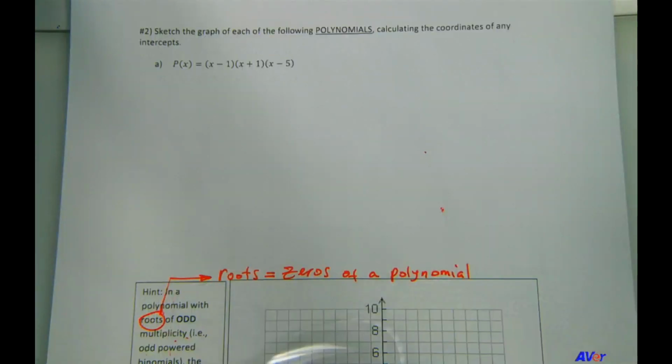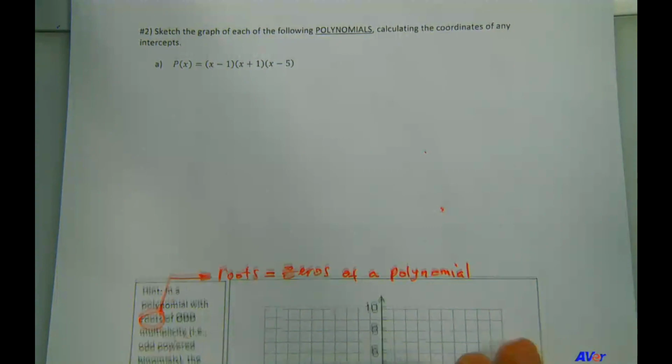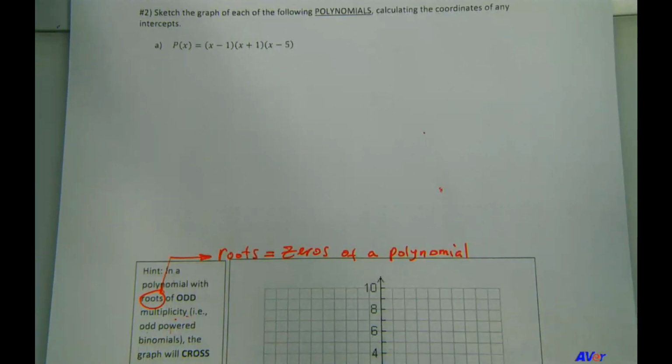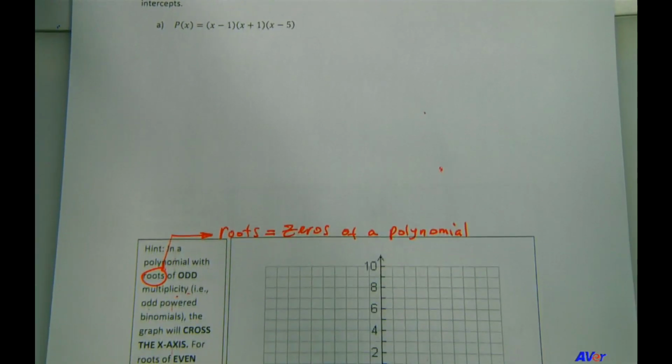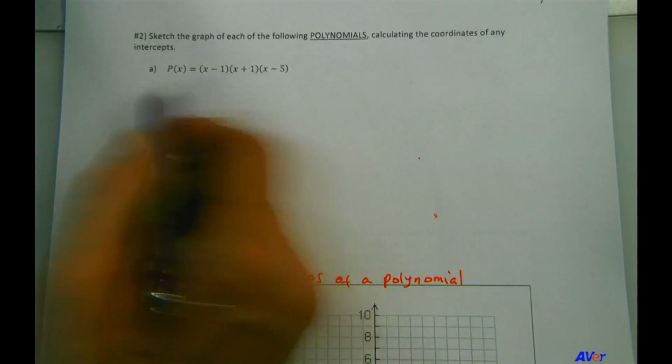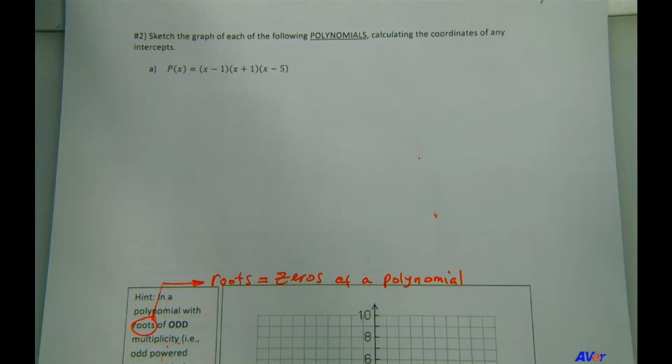If you remember this, graphing polynomials is a piece of cake. But if you forget it, they can be pretty confusing. So please make sure you spend some time on that, just making sure that you know exactly what that talks about. Okay, so here we want to graph this polynomial, calculating any coordinates of the intercepts.